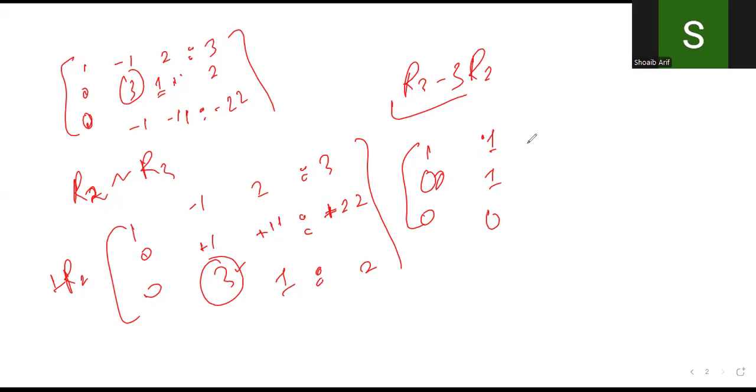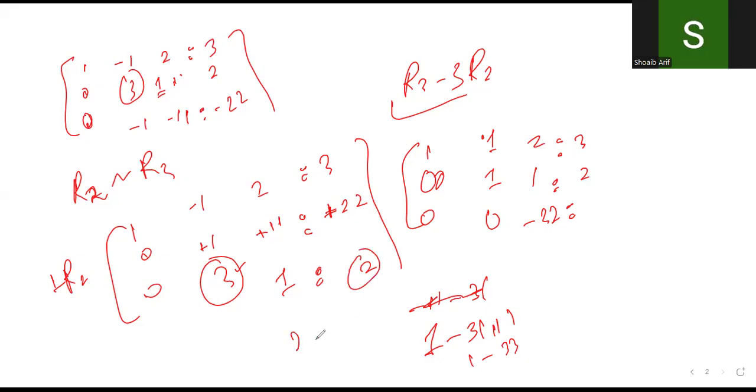So 2 as it is, 1 as it is, 3 as it is, 2 as it is. So in the place of this number, we write 1 minus 3 into 11. So 3 elevens are 33. So 1 minus 33 is equal to minus 32.